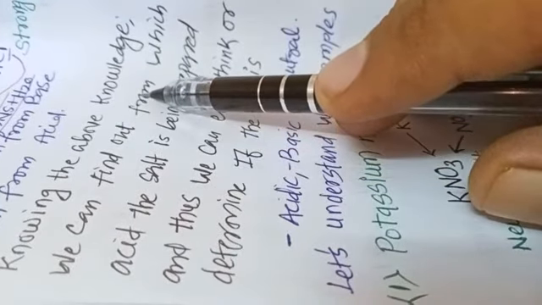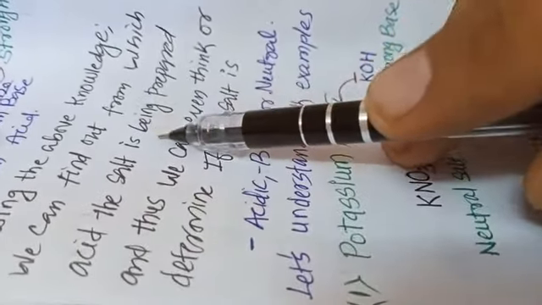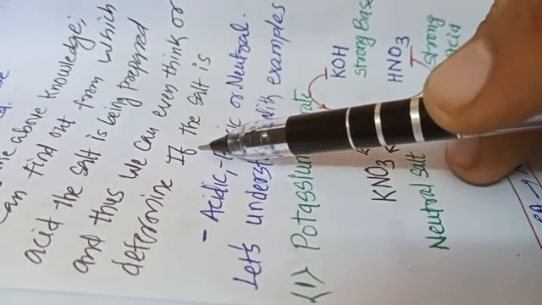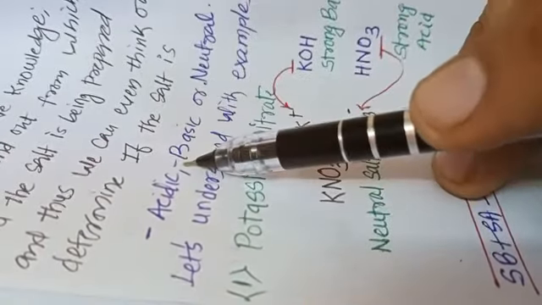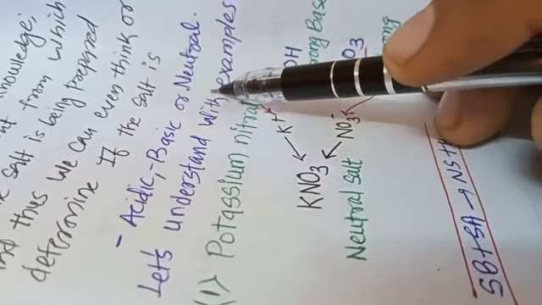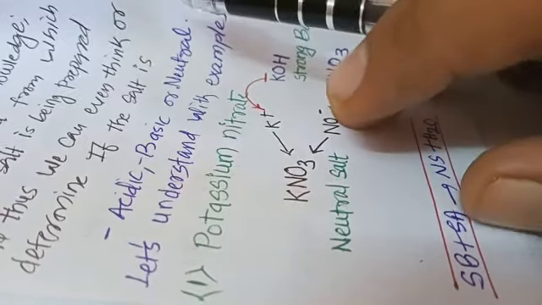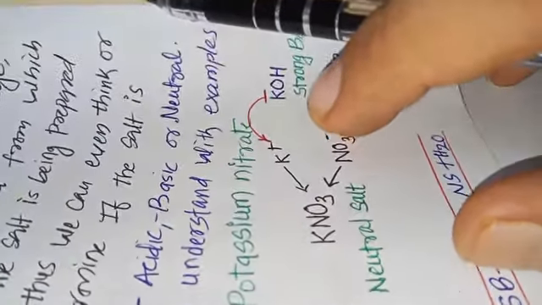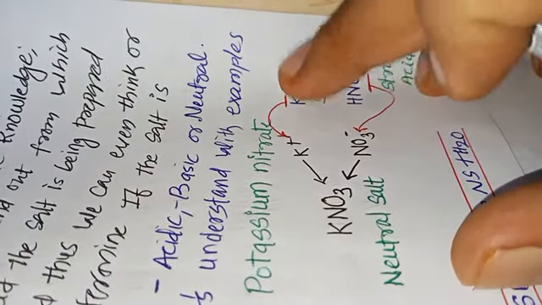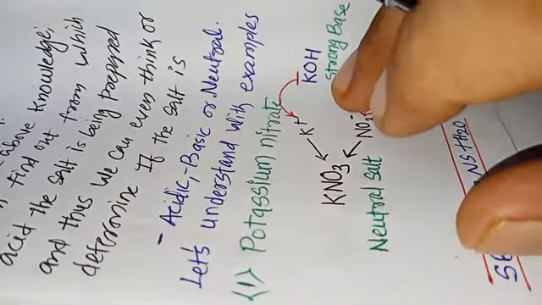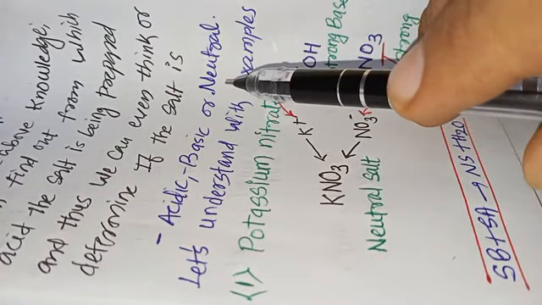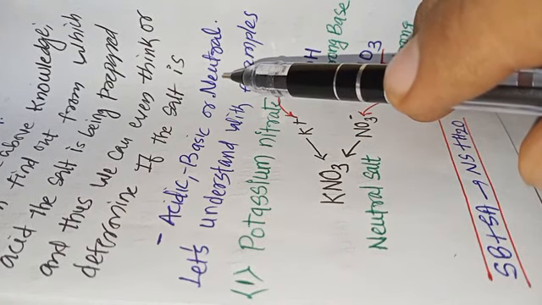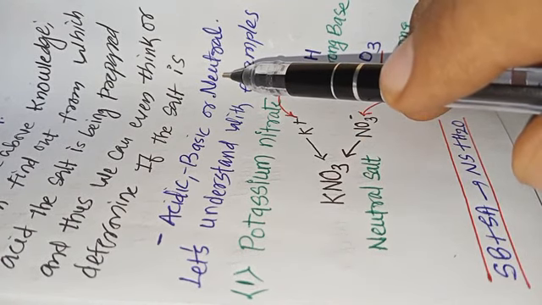Knowing the above knowledge, we can find out from which acid the salt is being prepared, and thus we can determine if the salt is acidic, basic or neutral in nature.